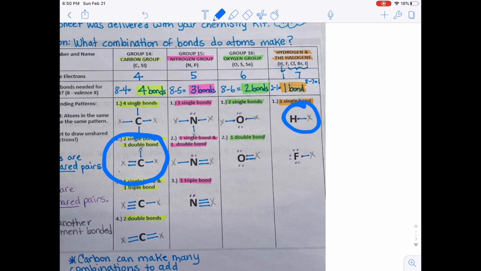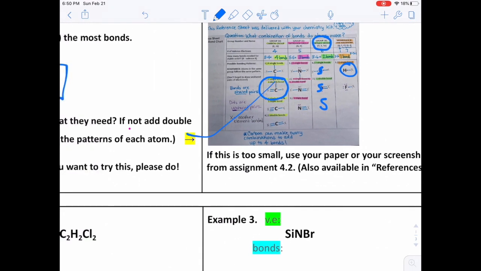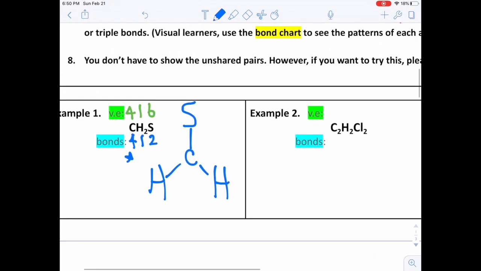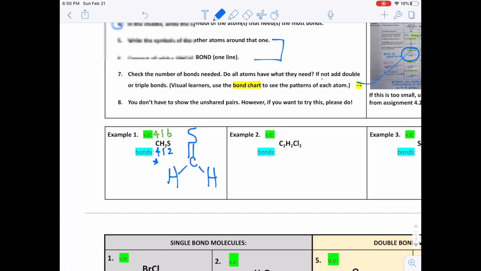And then sulfur, remember we don't see a sulfur here, but sulfur would be the same as oxygen. So you can see that like oxygen, sulfur can have 2 single bonds, and it could also have a double bond. So since I can't add any double bonds to my hydrogens, I'm going to add that between the sulfur and the carbon. Now let's check that the mathematic way.